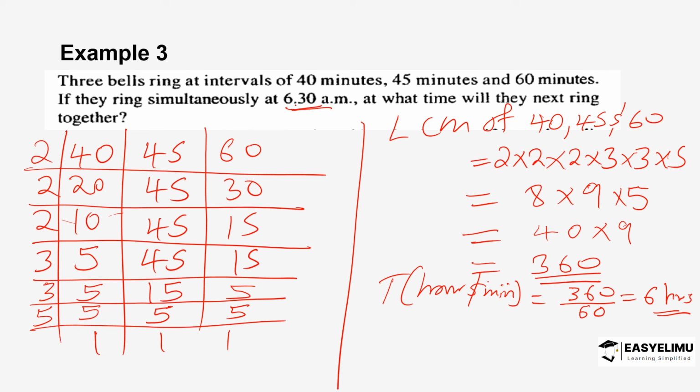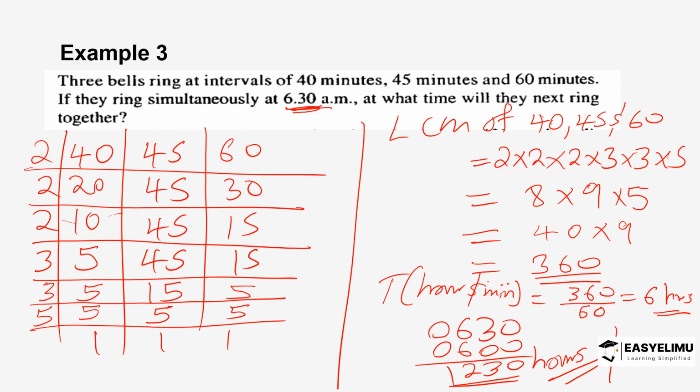So you convert this time into the 24-hour system, which is 0630 hours. You add 600, and that is 1230 hours. So 1230 hours is equivalent to 12:30 p.m.